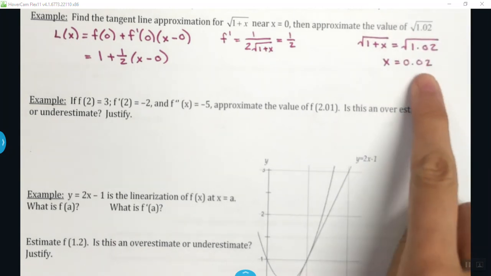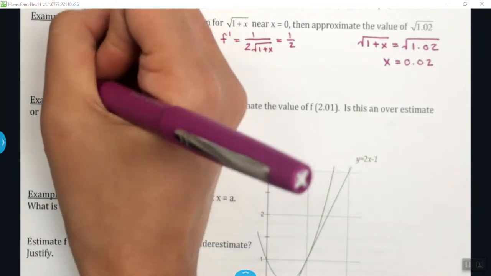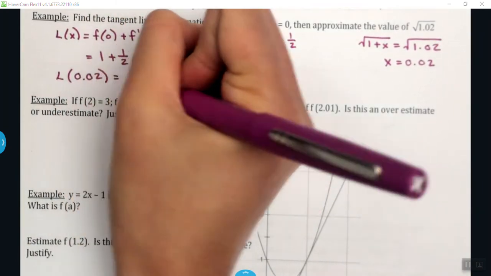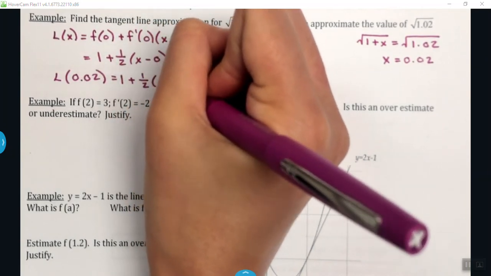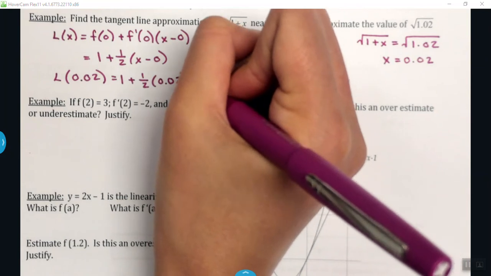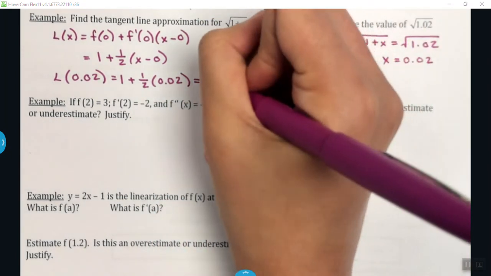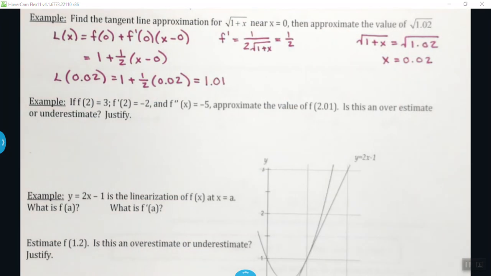So that's what we plug into x here, 0.02, and our approximation is 1.01. There's our tangent line approximation. Easy peasy.